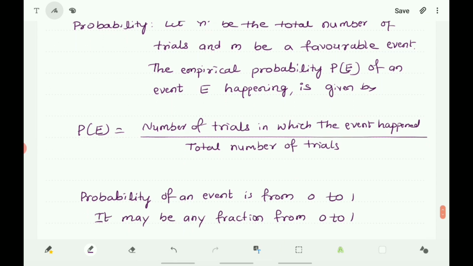So the probability of an event is from 0 to 1. It may be 0 or it may be 1, and it may be any fraction from 0 to 1.